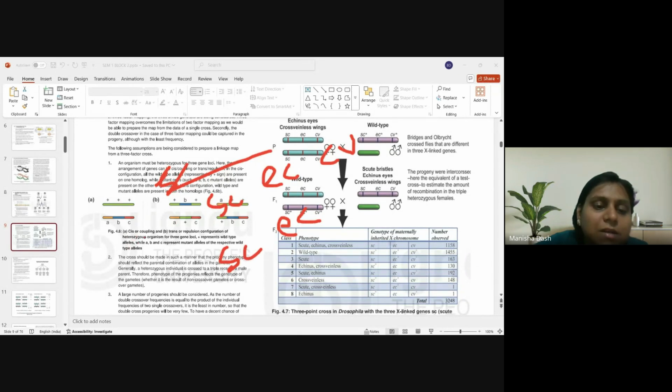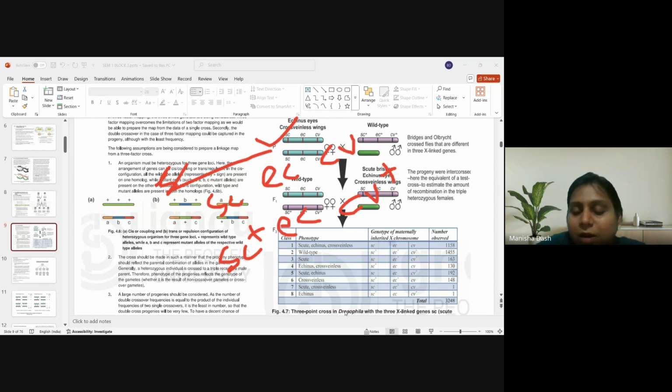SC plus and CV plus. Whatever is not written indicates that they have the wild type character for the rest of the two phenotypes. Since this middle gene is the same and only these two genes have exchanged the part, the order of the gene is correct.